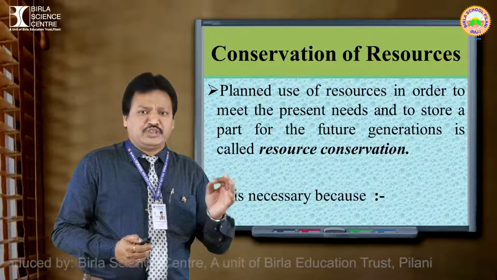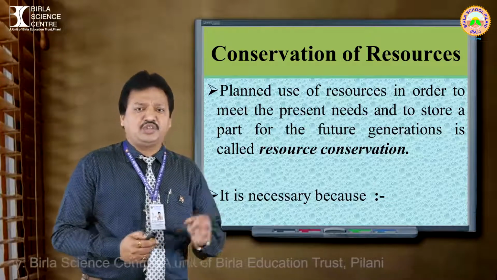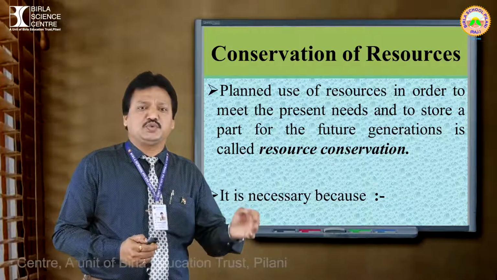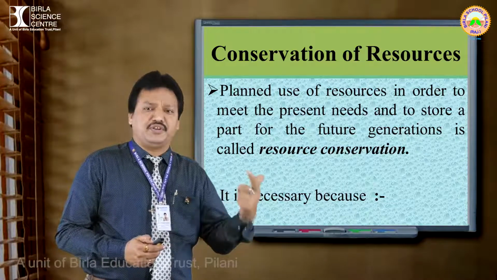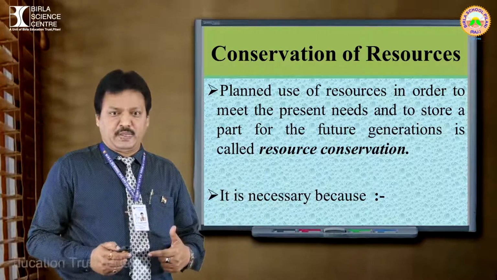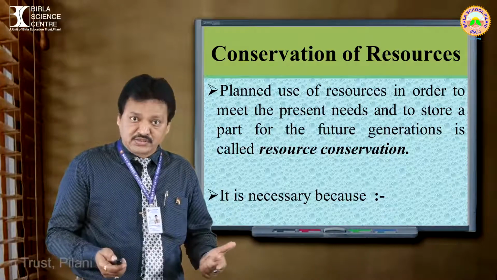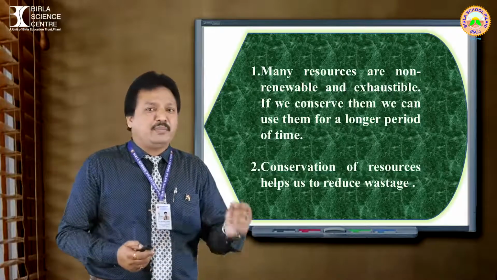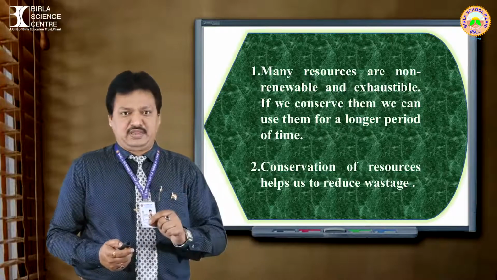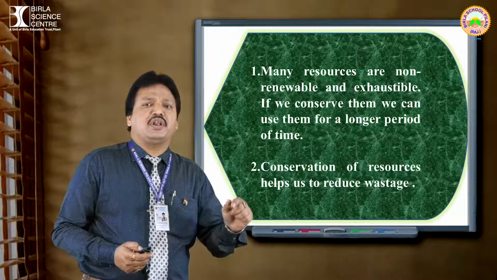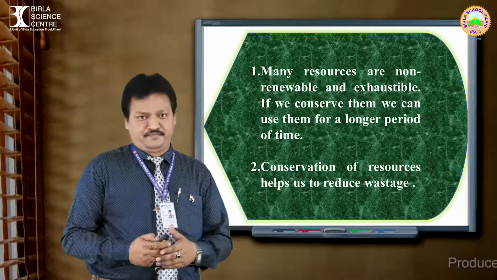Planned use of resources in order to meet the present needs and to store a part for the future generation is called resource conservation. It is necessary because many resources are non-renewable and exhaustible. If we conserve them, we can use them for a longer period of time.